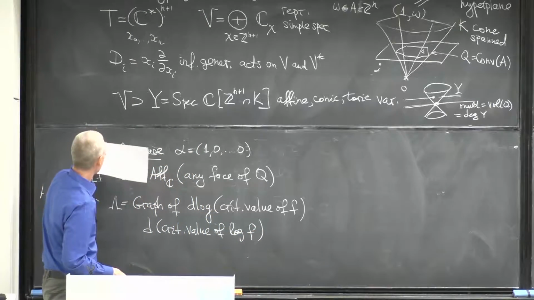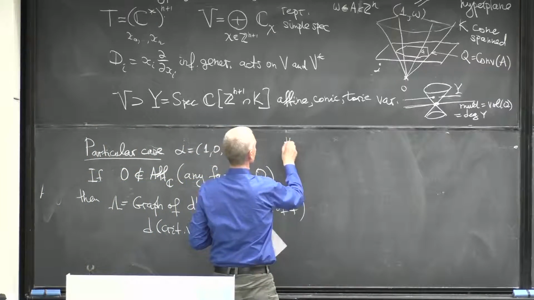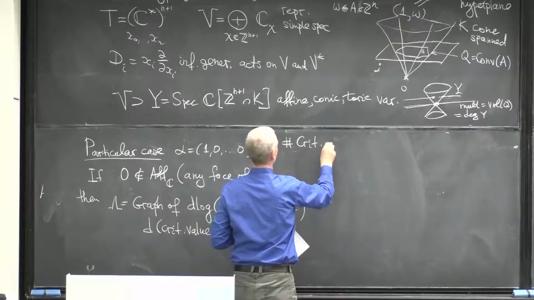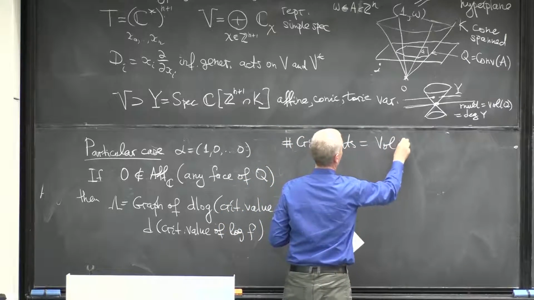So in particular, under this assumption, the number of critical points equals the volume of the polytope.